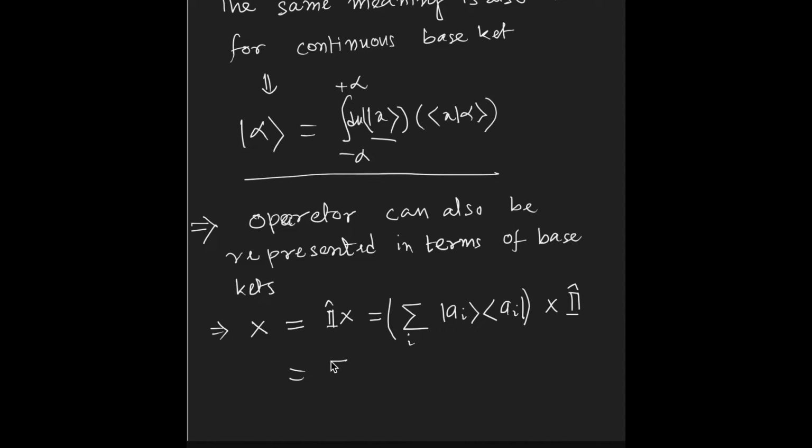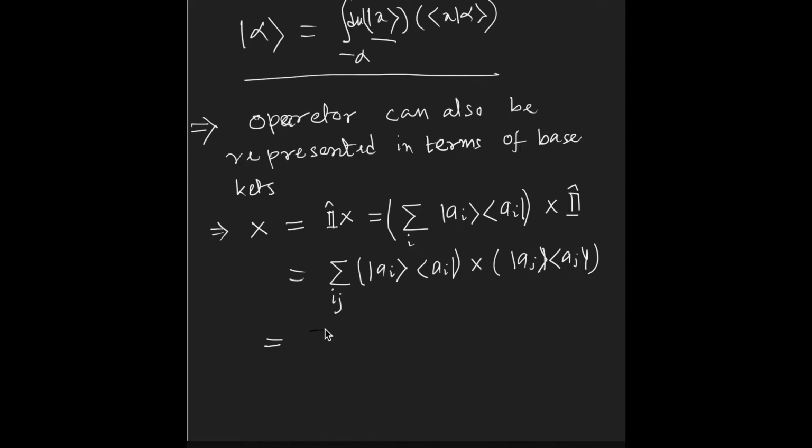Now again we can write summation over i,j of |a_i><a_i|X|a_j><a_j|.